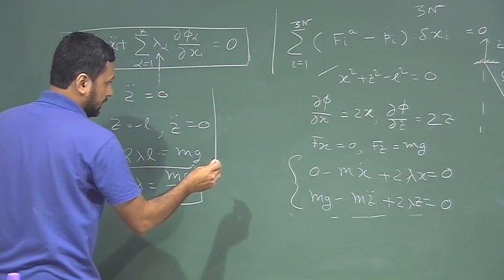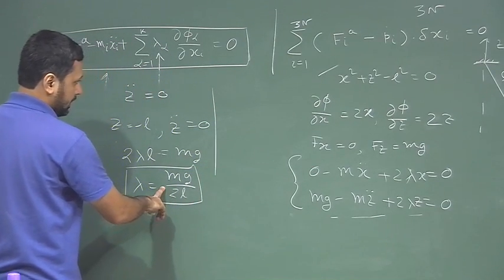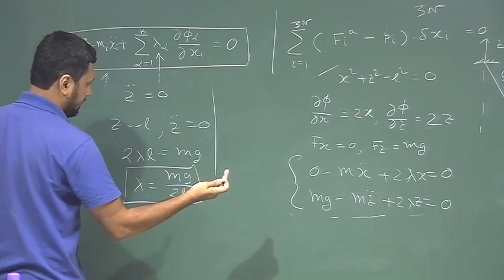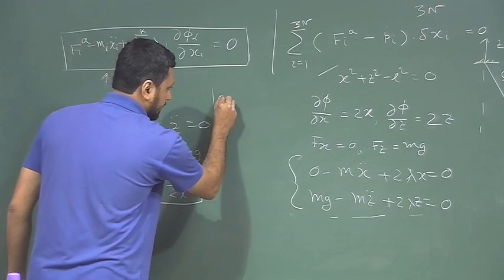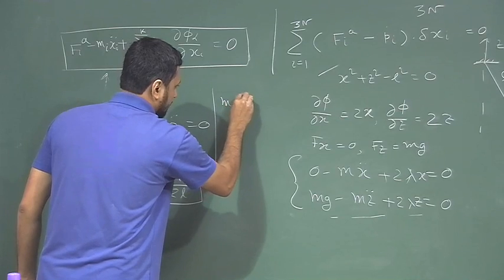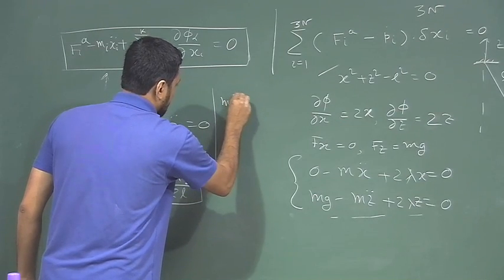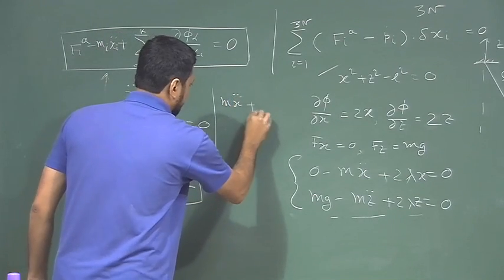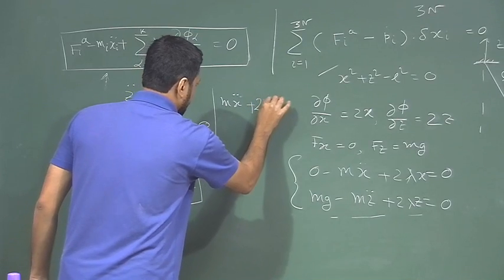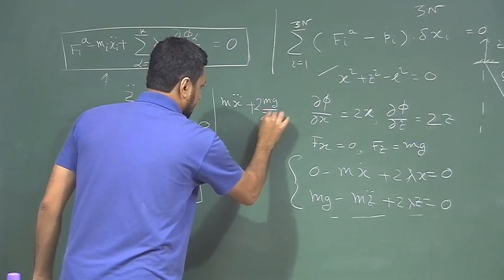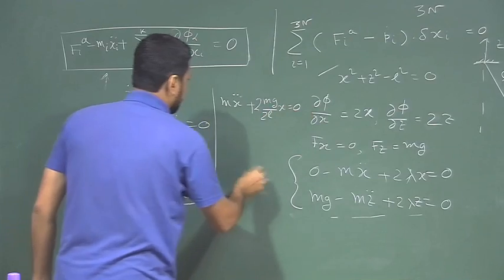lambda goes on the other side, right. So, it will be m x double dot plus 2 into mg by 2L times x is equal to 0.